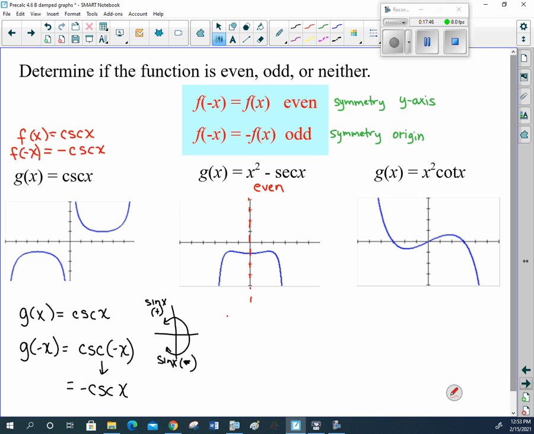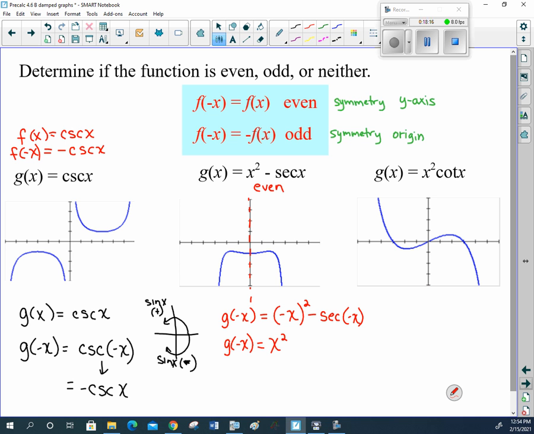Well, we remember our test is we have to substitute in a negative x. So I come over here and I put a negative x everywhere I see an x, so it's going to be x squared minus secant of negative x. Okay, so when we put in a negative x, algebraically speaking, a negative x raised to the second power still stays positive x squared, right?